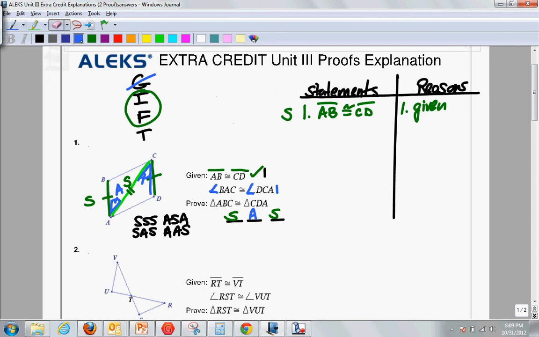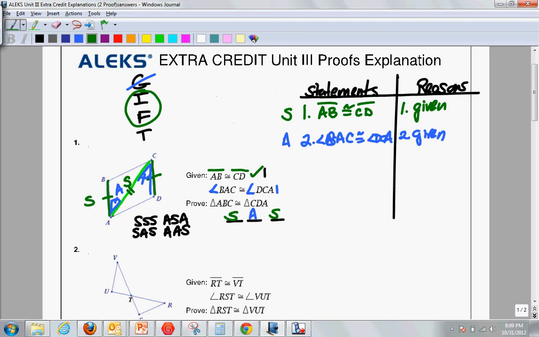So it'll come up as number 2, angle BAC is congruent to angle DCA. And the reason those are equal, it'll say, because it is given. That gives you a pair of angles.